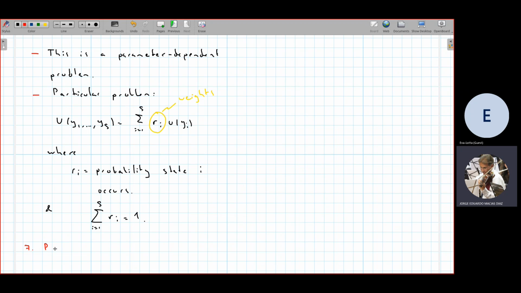And this is called Pareto optima. Okay, let's talk about this problem. First of all, I'd like to mention that in this case, there is more than one agent.